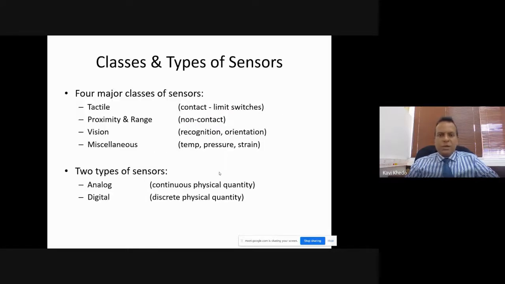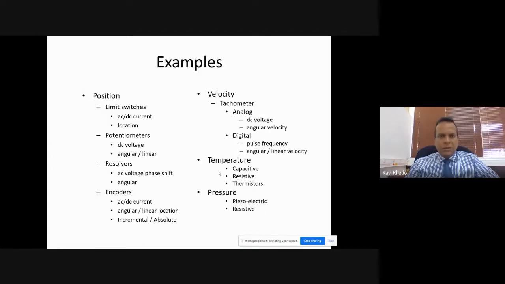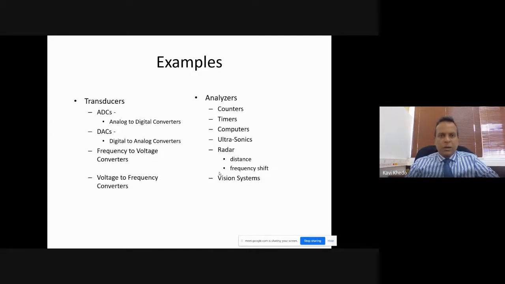And then we had a discussion on the classes and types of sensors. They can be analog, digital, in terms of position, velocity, temperature, pressure.